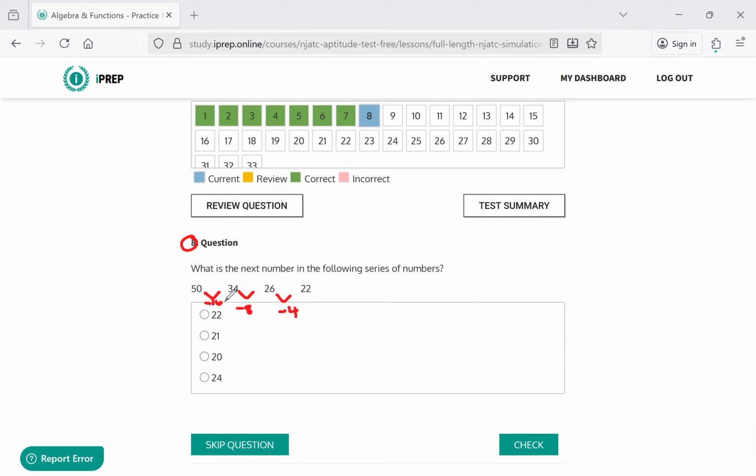The only thing is you're taking it at half each time, right? -16 divided by 2 is -8. -8 divided by 2 is -4. So the next one has to be -4 divided by 2, which is -2. So I think you have to take the last term, 22, and then subtract 2, which is 20. Yeah, I think the next term is 20.